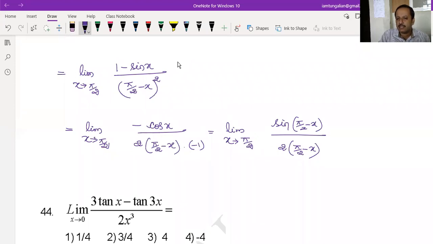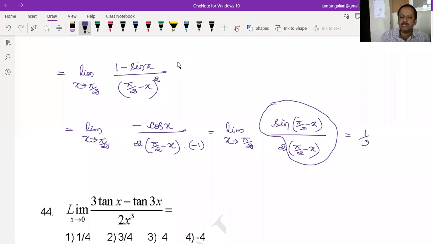Now again, this much, sin(pi by 2 minus x) divided by (pi by 2 minus x), becomes 1, because when x approaches pi by 2, pi by 2 minus x will approach 0. So it looks like sin theta by theta when theta tends to 0, which is equal to 1.